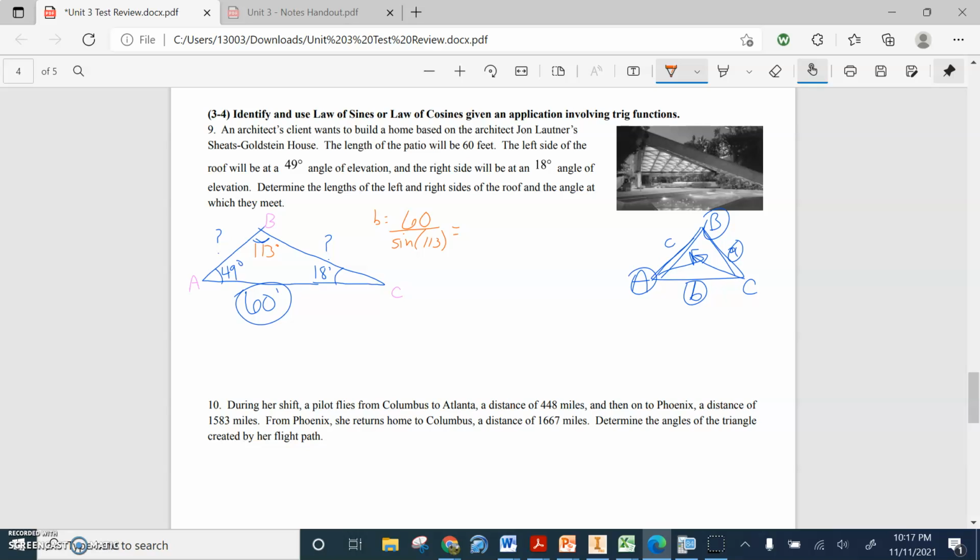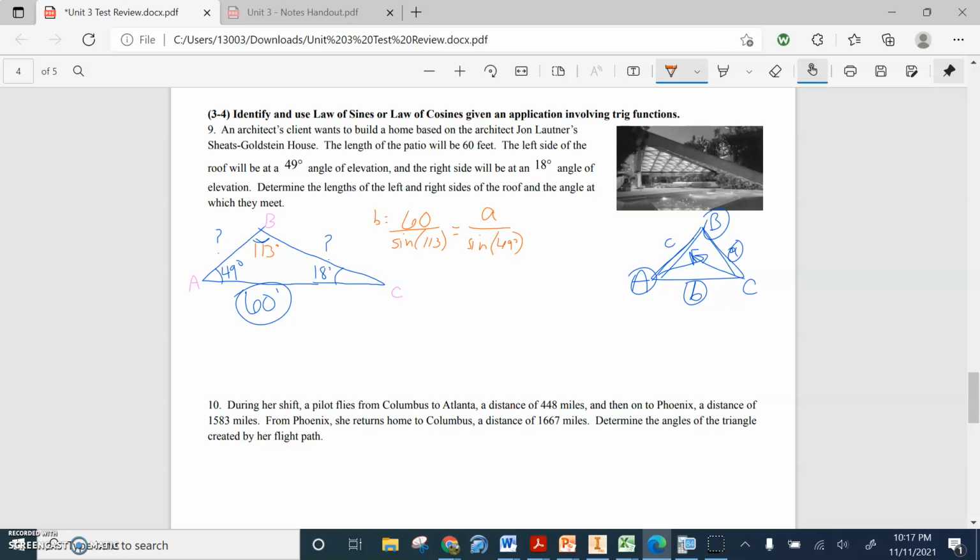So we can set this up to either ratio with A or C. So let's do A. I'm looking for that to be equal to side length A, which we don't know, over sine of angle A, 49. So when we have that, we have two ratios set up and one unknown.